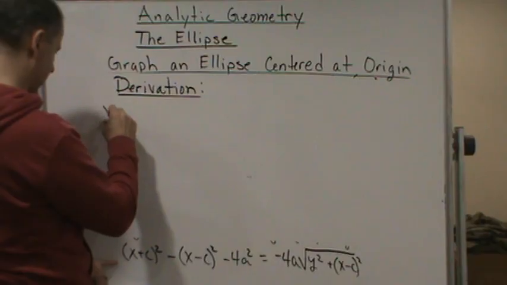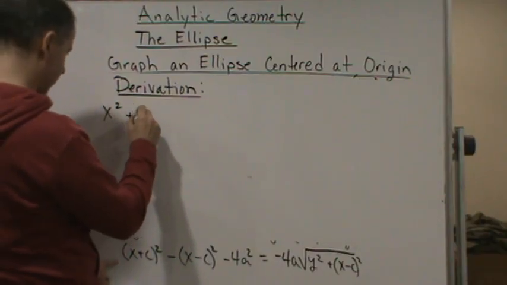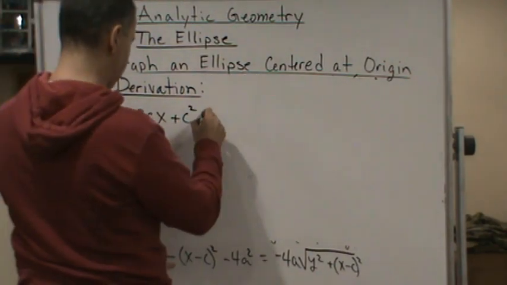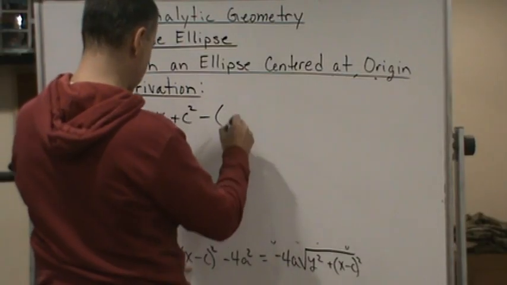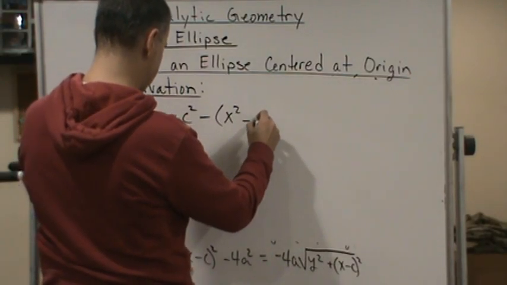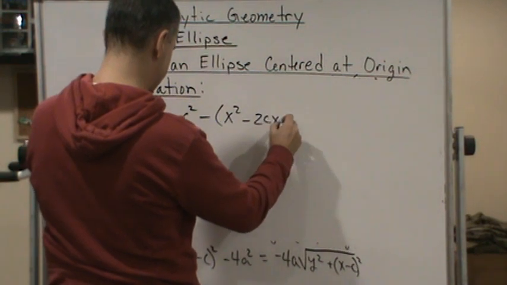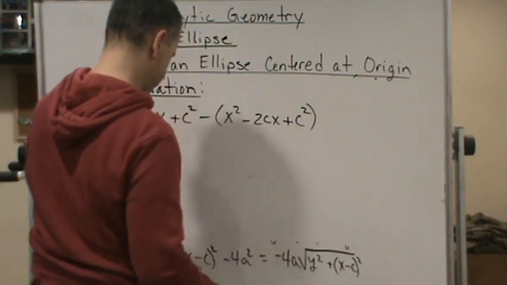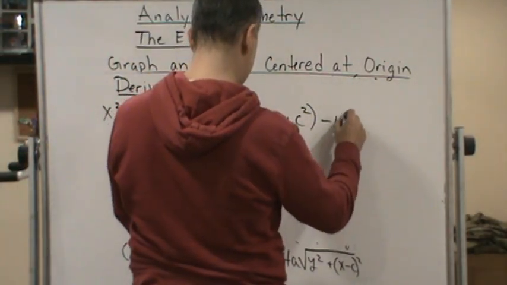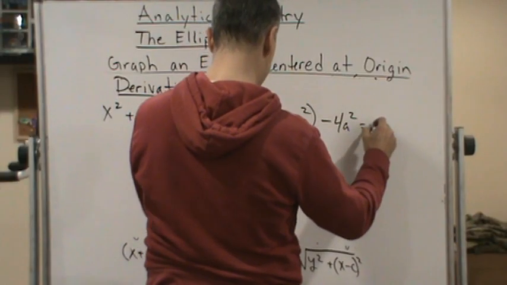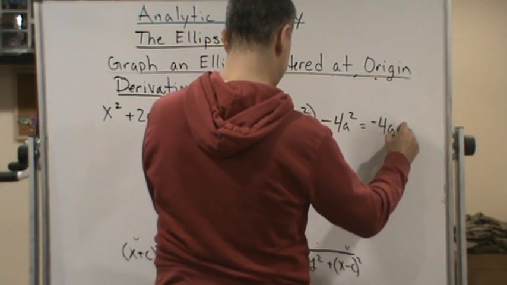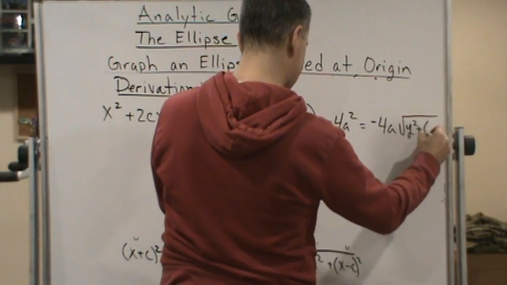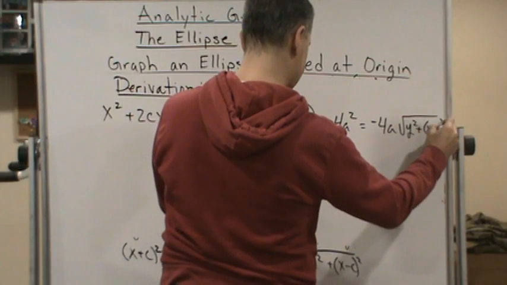So this is going to be x squared plus 2cx plus c squared minus the quantity x squared minus 2cx plus c squared minus 4a squared equals negative 4a times the square root of y squared plus the quantity x minus c quantity squared.